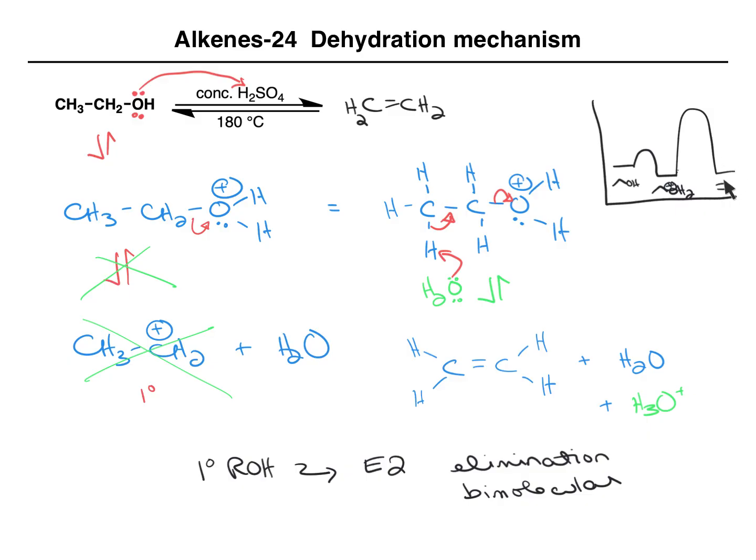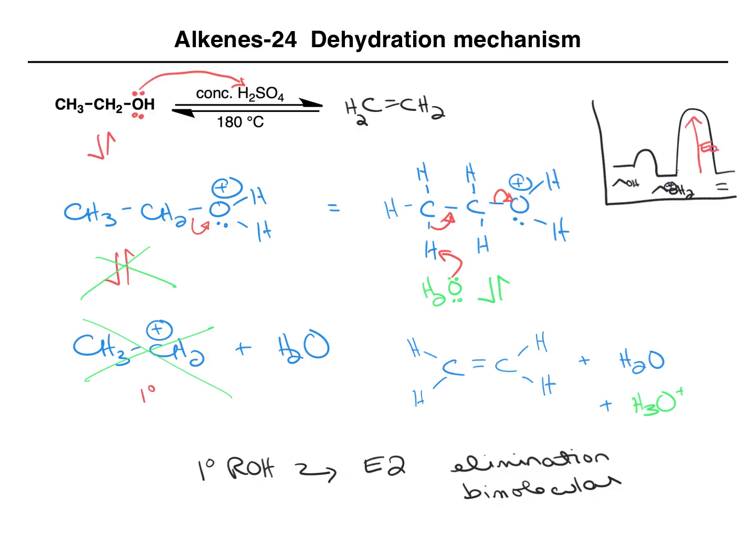Again, I'm not trying to show the relative energy of the product compared to the starting material or the intermediates, but we know that proton transfer to and from oxygen is fast, and so this has to be a small activation energy, and this one then must be a relatively large activation energy.